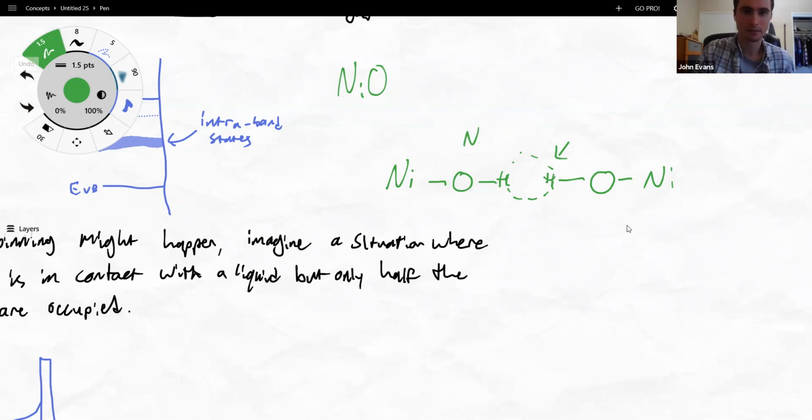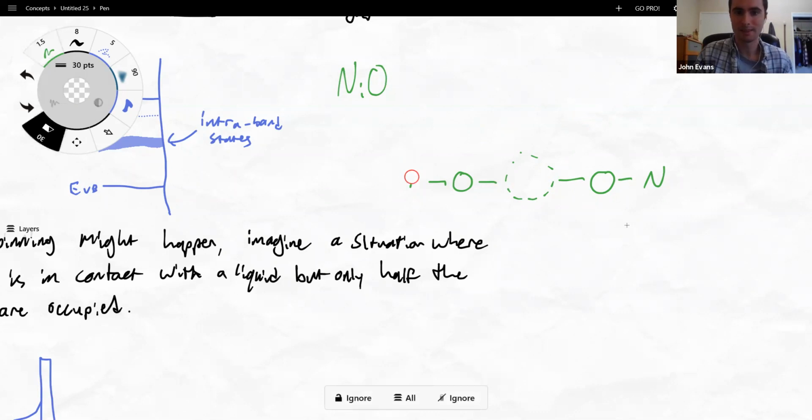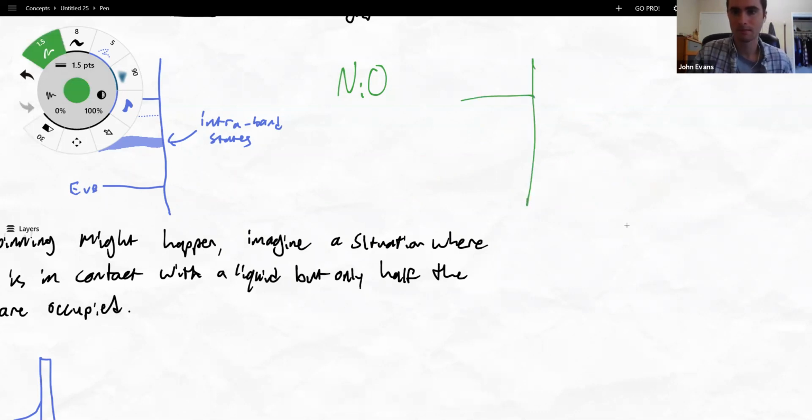These states are notable because of what will happen. If we were to draw our band bending diagram for nickel oxide, it's a p-type semiconductor, so the Fermi level's down here. So we have some surface states. Let's say they're in here.